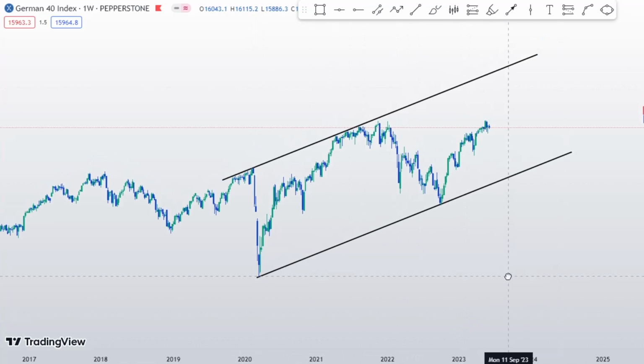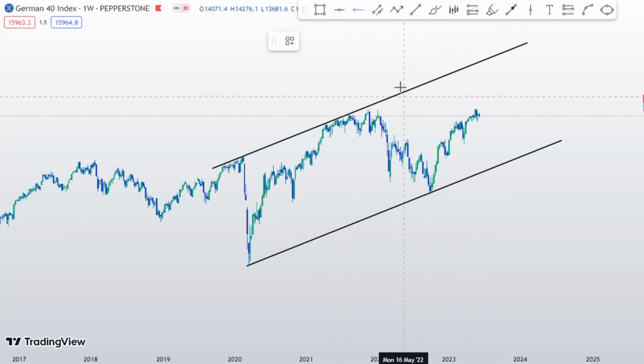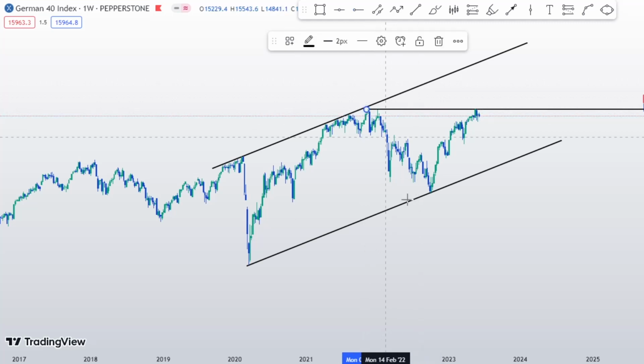The next thing that I'm looking at is support and resistance. Where are my support and resistance? Since now I have the trend line support here, and resistance. So I'm going to look at my highest and lowest support and resistance. Where is my highest resistance? It's up here.